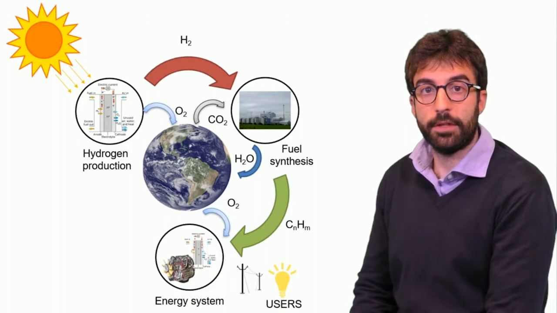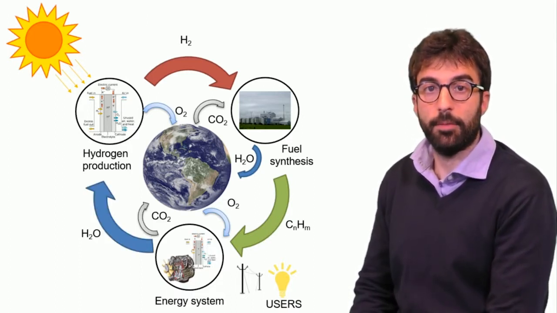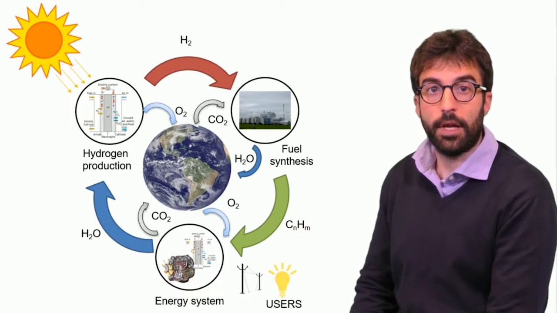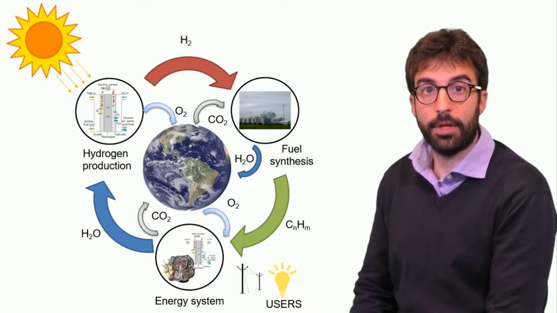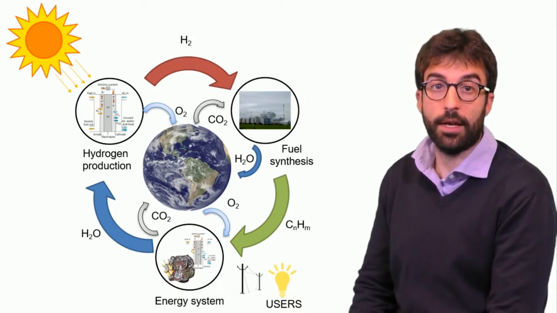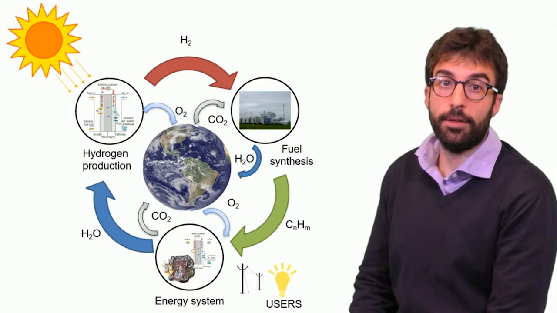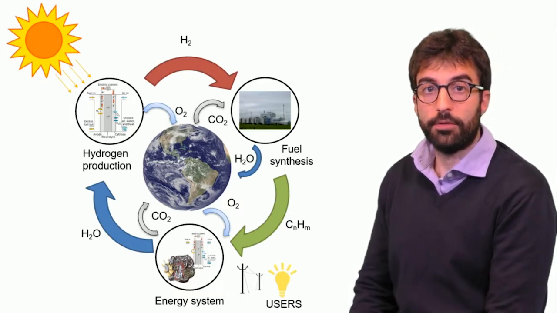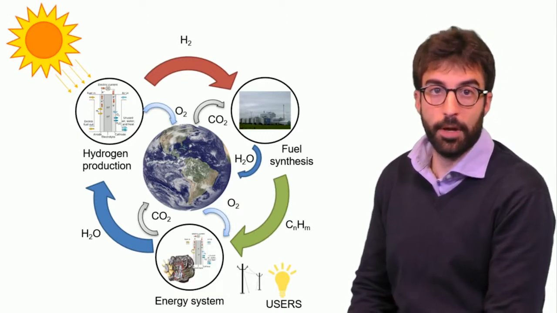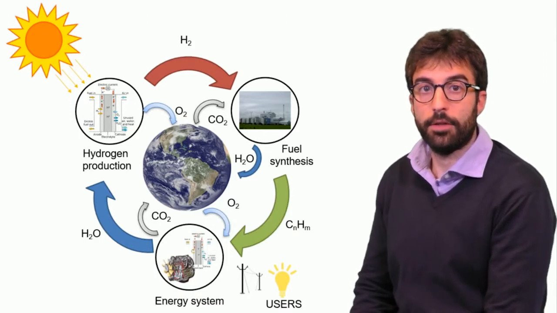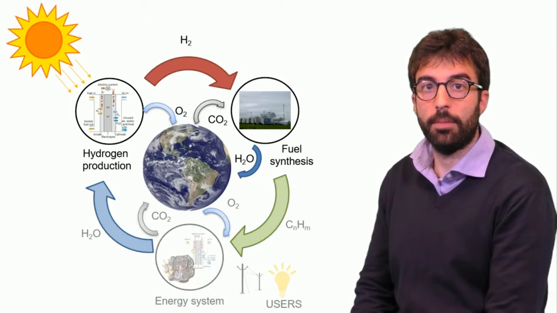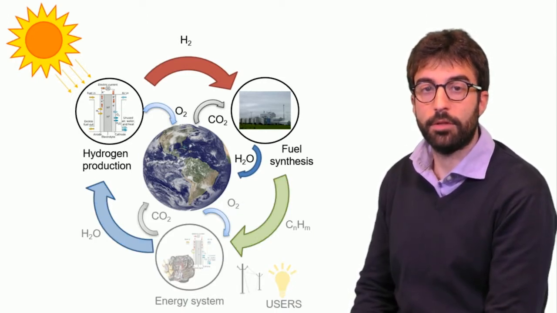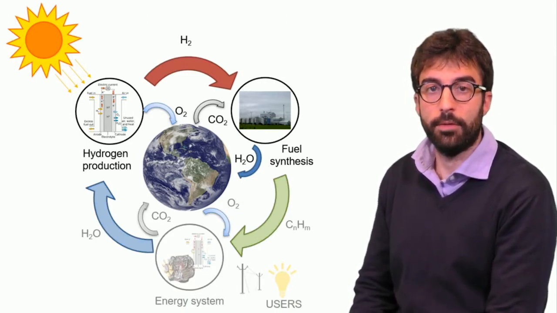The output of this process, which usually uses oxygen taken from the atmosphere, is again carbon dioxide and water. The result is that we can close both the water and carbon dioxide cycles, and the oxygen cycle. All these three allow us to move energy in a very efficient way from solar energy to the user request. In this unit, in particular, we will go a little bit deeper on the coupling between the process of hydrogen production and fuel synthesis.